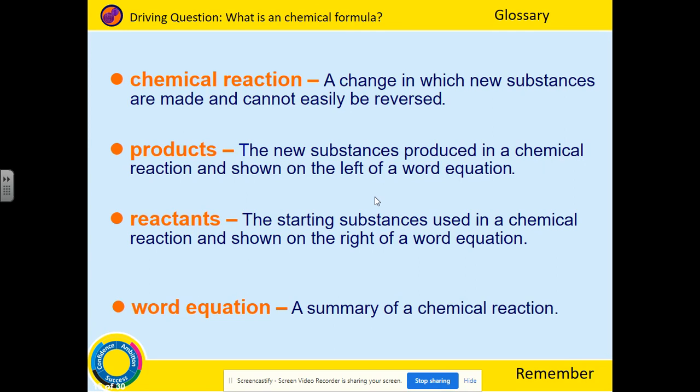Reactants: the starting substances used in a chemical reaction and shown on the right of the word equation. The last one, word equation. A word equation is a summary of a chemical reaction. I want you to pause the video and give yourselves 5 minutes to memorize these 4 words. You will be seeing them very, very soon.